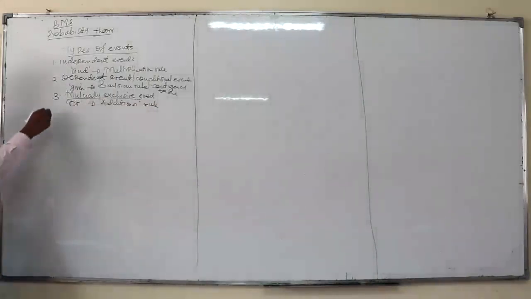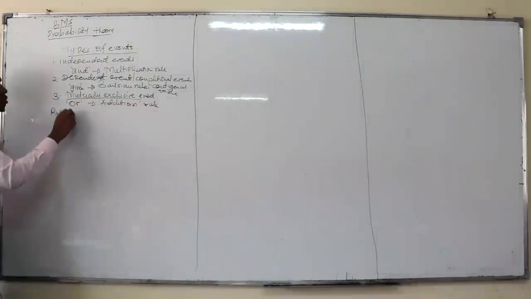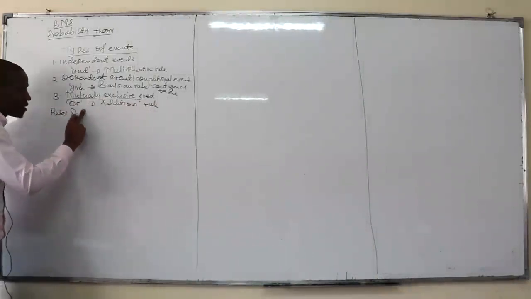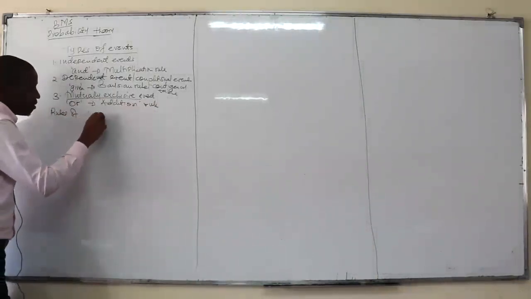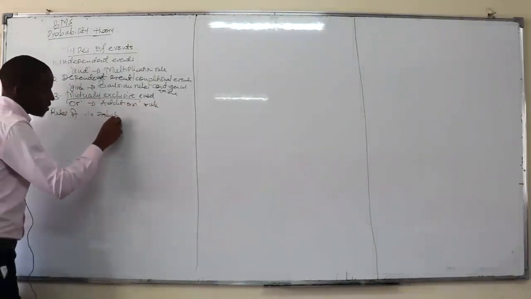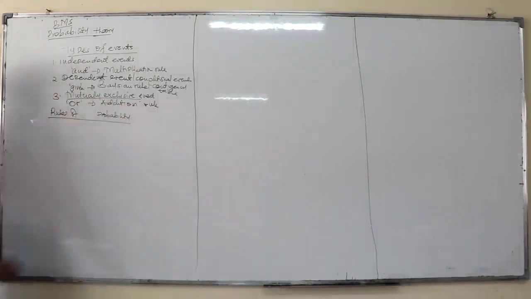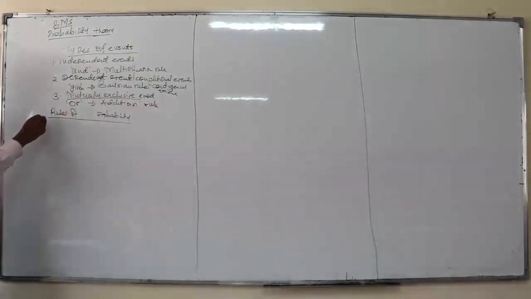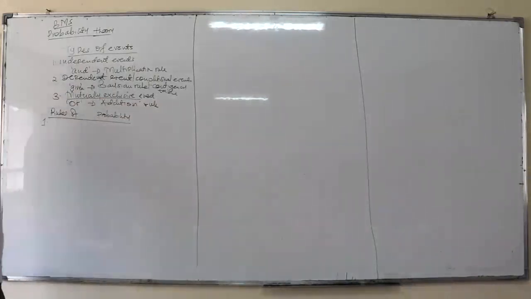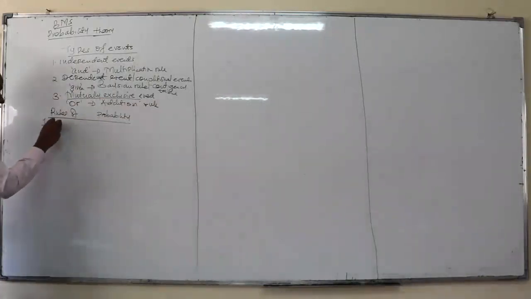Then the other one that you also need to know is the rules of probability. Now for the rules of probability, number one rule in this case is what we call the limit rule.